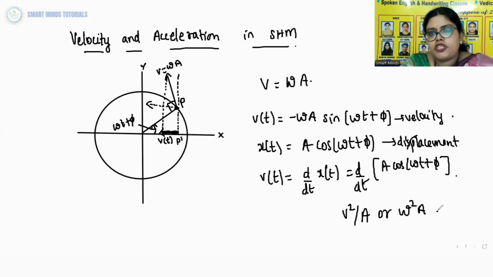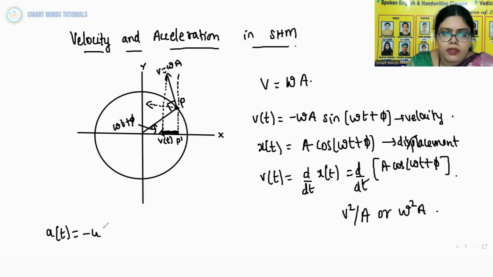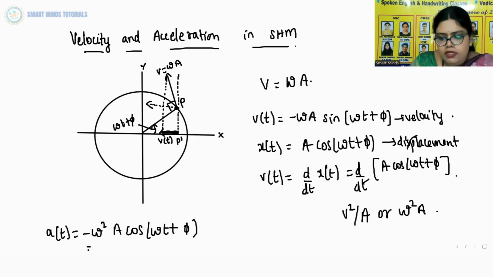That is, the direction is along PO, and the instantaneous acceleration of the projection particle P dash is then a of t equals minus omega square A cos omega t plus phi. So that is minus omega square of x of t, because A cos omega t plus phi is x of t.